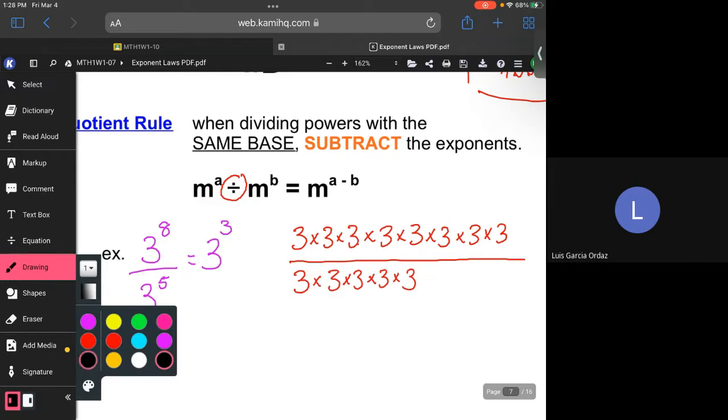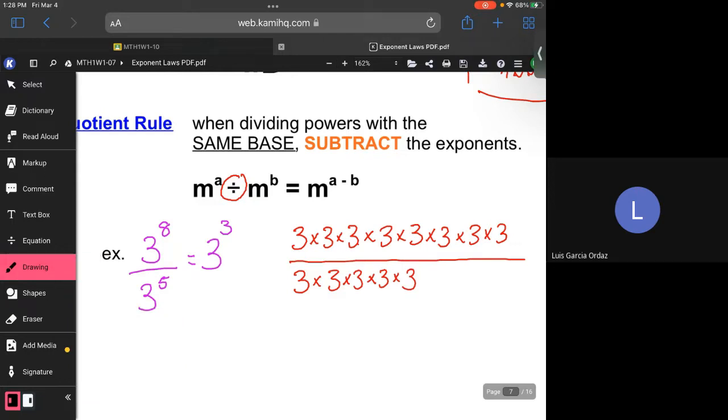Now, what you're going to notice here, the reason why it's 3 is because when we have numbers like 3 and 3 dividing by each other, what would it always give us? 1. So basically, I don't need these 3's because they're all going to give me 1. So how many 3's are left over? 3, which is why we get 3 to the power of 3. Okay.